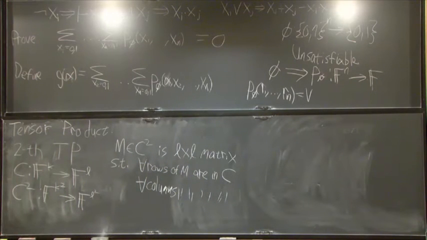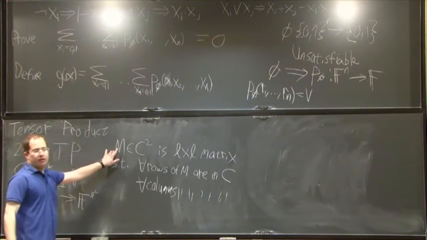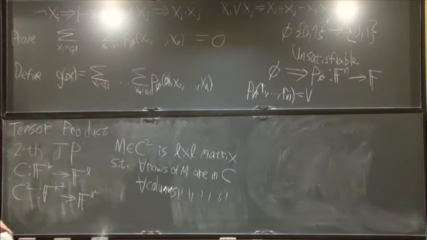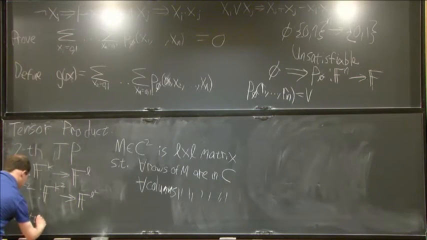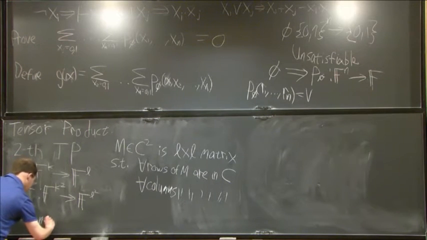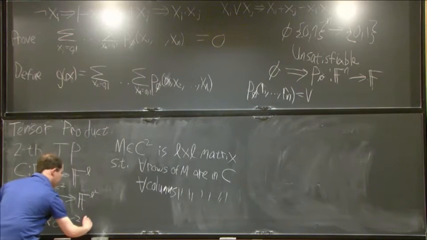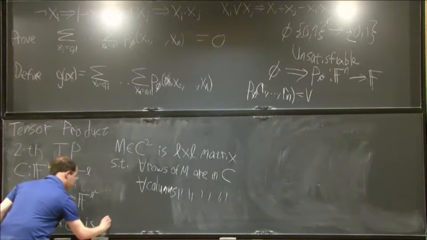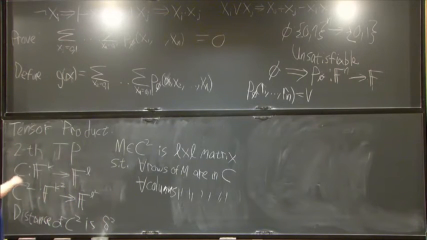This is the definition. It can be shown that the dimension of the space of those matrices is indeed k squared, and furthermore, the distance of C squared is delta squared, assuming that delta is the distance of C.